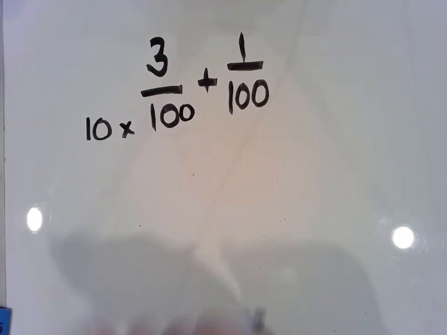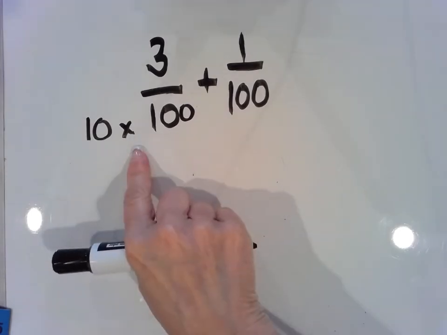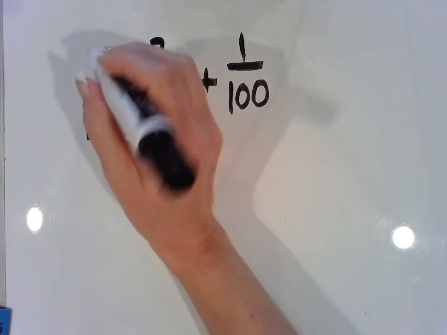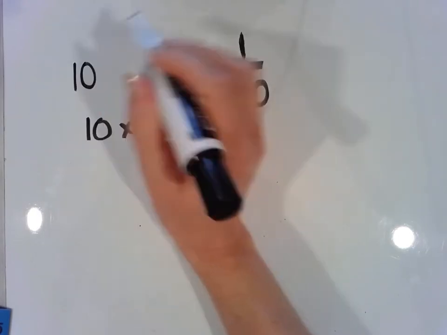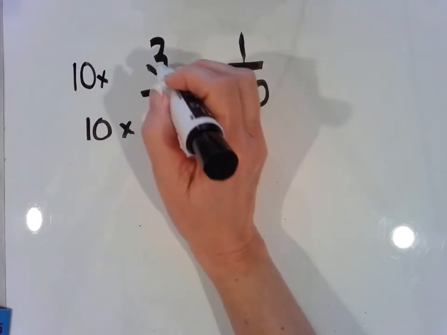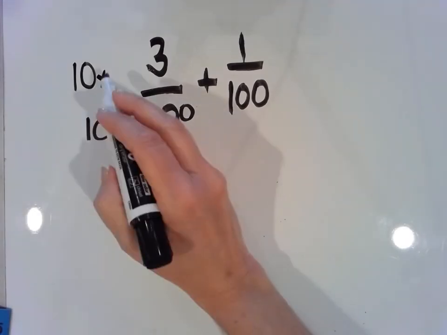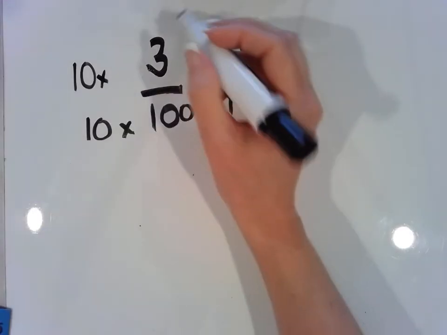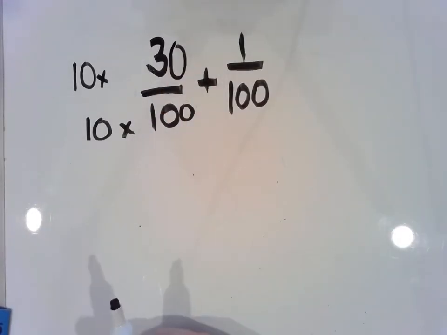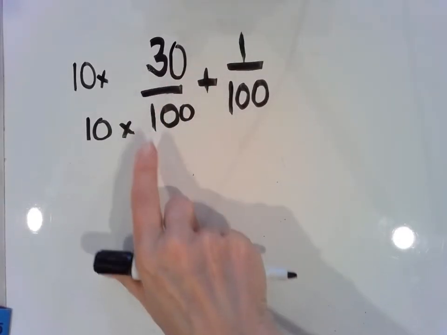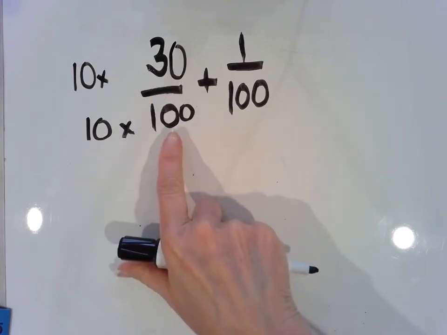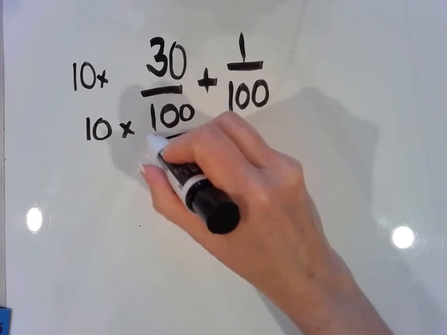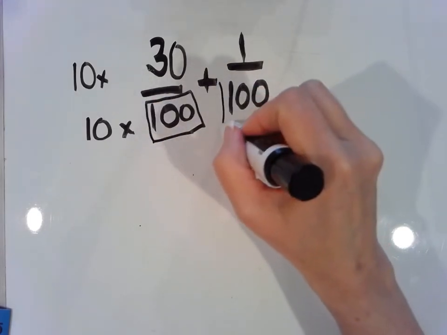I can't multiply the bottom by 10 and not multiply the top by 10. So let's multiply the top. 10 times 3. What is 10 times 3? It is 30. Now I've changed 3 tenths into 30 hundredths. Now I have the same size parts on the bottom.